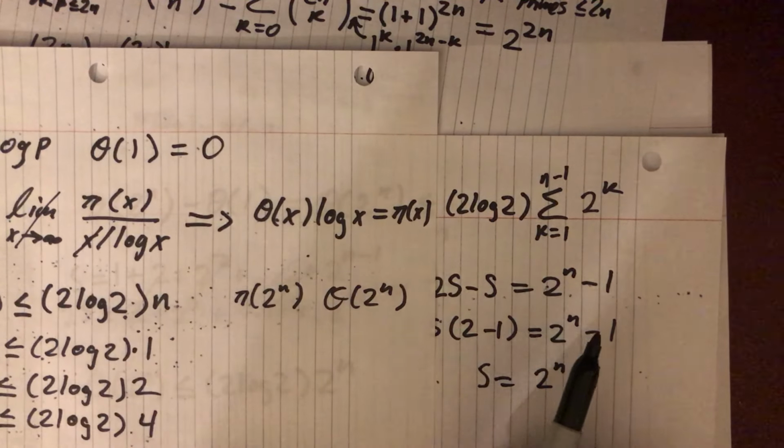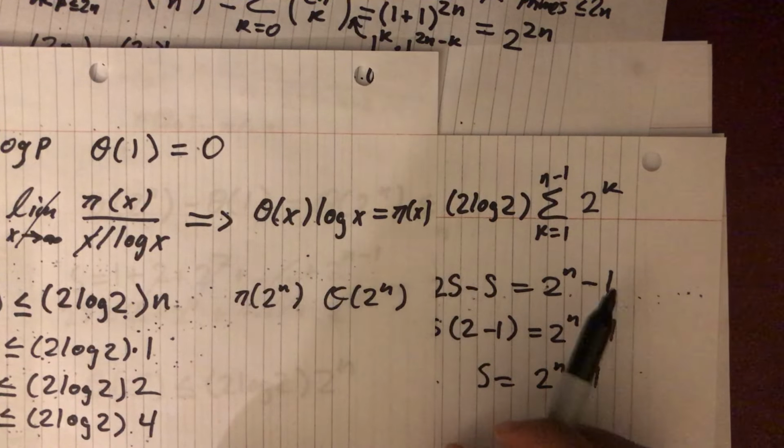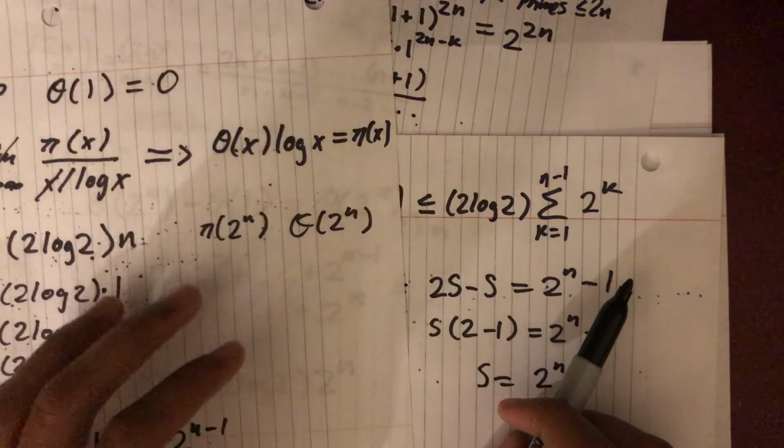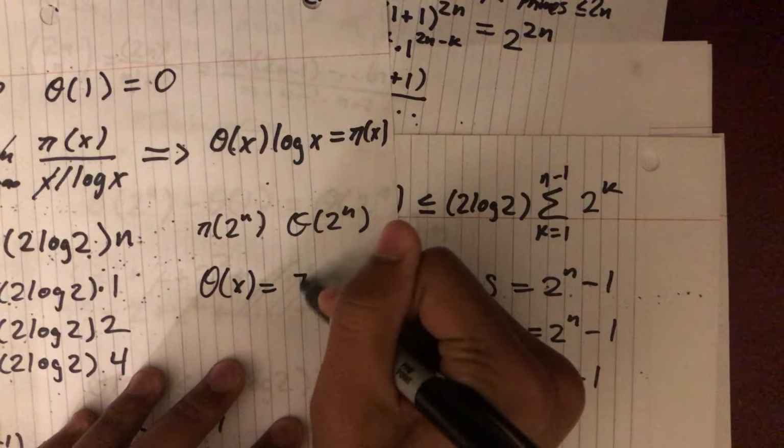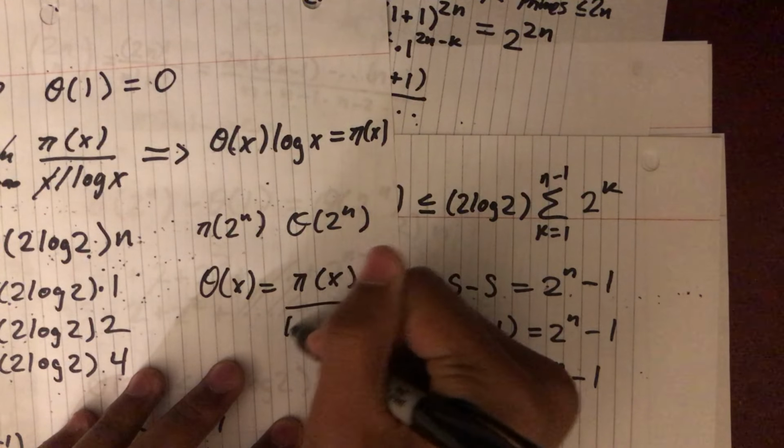that theta of x over log x equals pi of x. So that gives us that theta of x equals pi of x over log x.